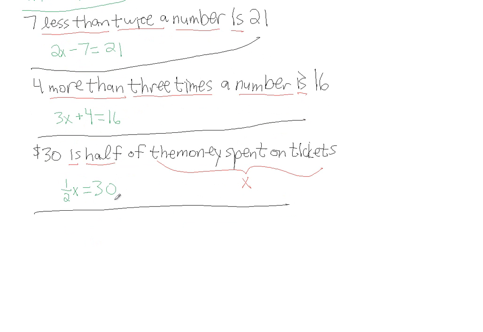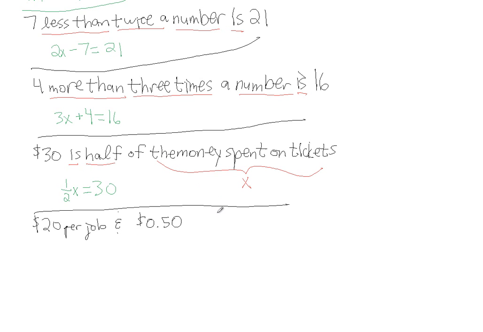Okay, now let's do a couple word problems. Let's run through a couple word problems and translate them into equations. Let's say Paul has a painting service. Paul charges $20 per job, and he charges 50 cents per square foot.